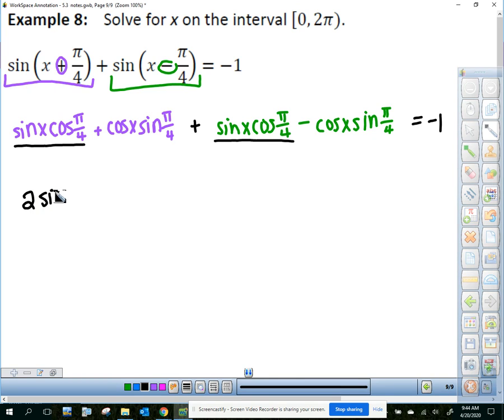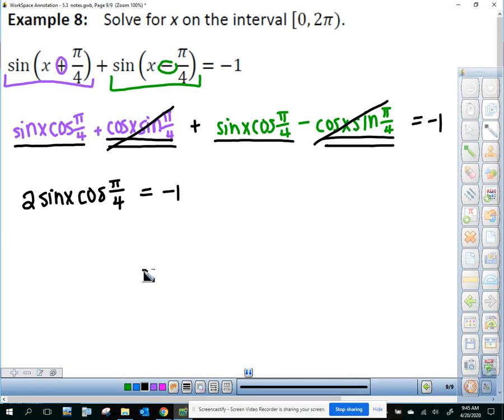So 2 sine of x cosine of pi fourths. Okay, and then my other like terms here, cosine of x sine of pi fourths, I've got one positive and one negative. So those completely cancel each other out to 0. It's gone. And this is all still equal to -1.